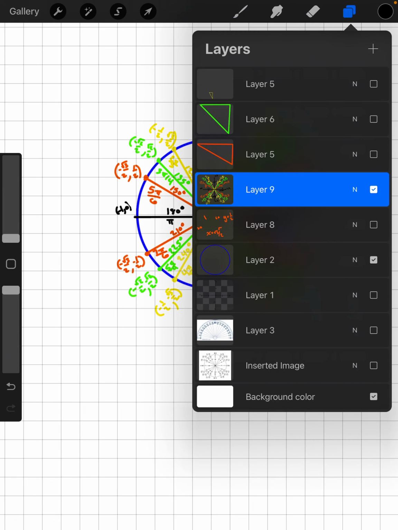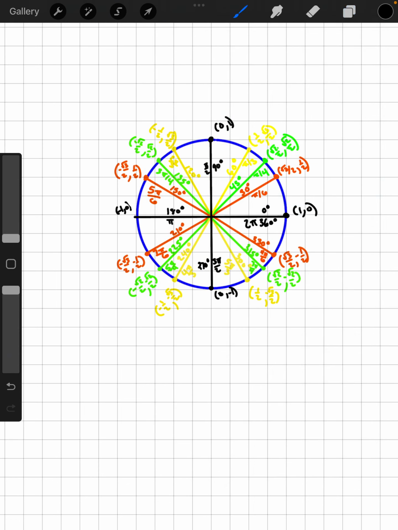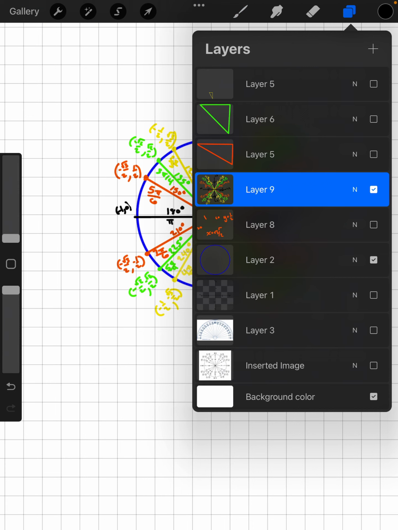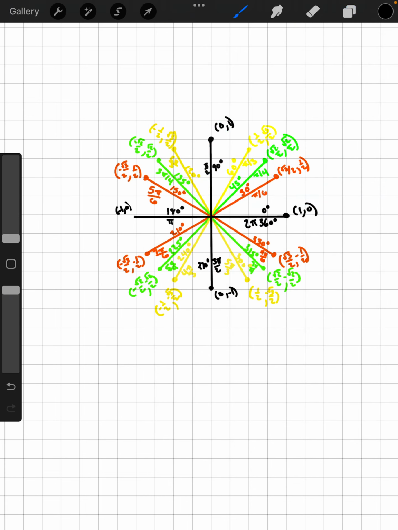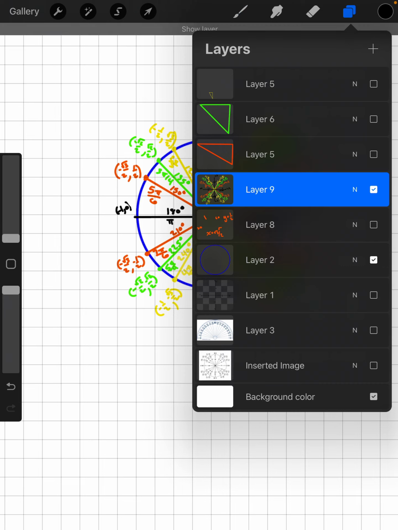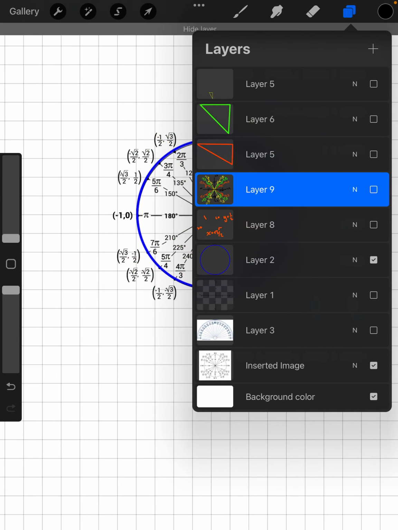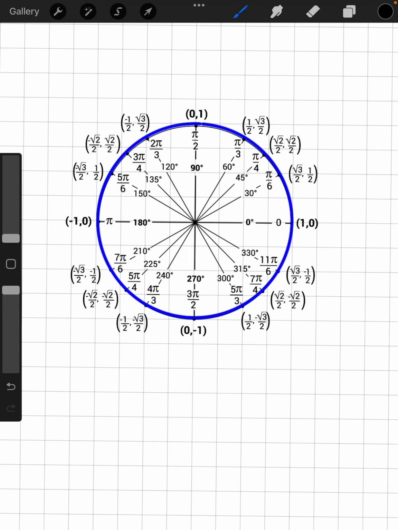So it's not just a random circle with a bunch of random numbers. And then all of these points that I have drawn are really just points on a graph. So that's how we end up with the unit circle that we started with in the beginning.